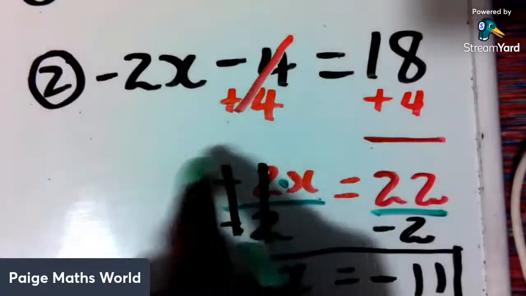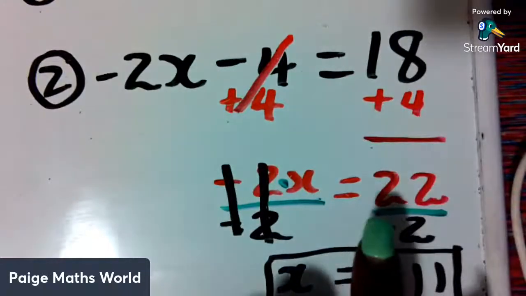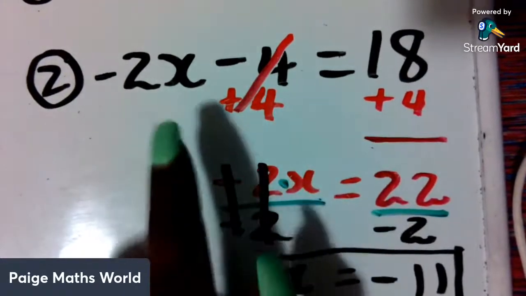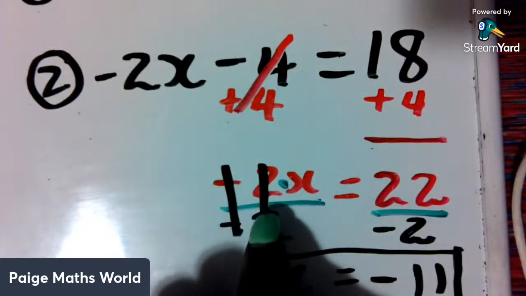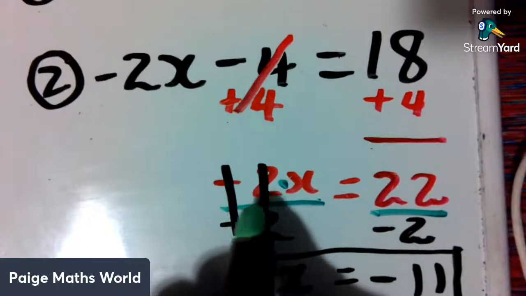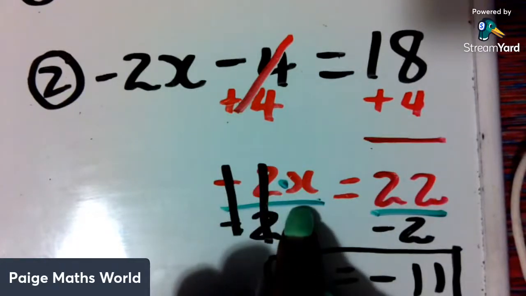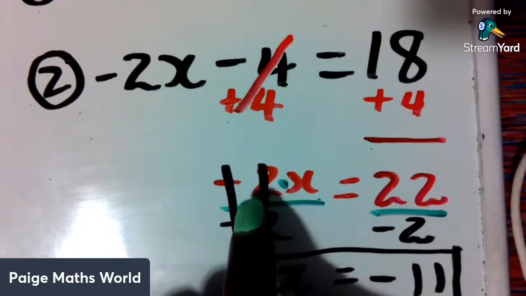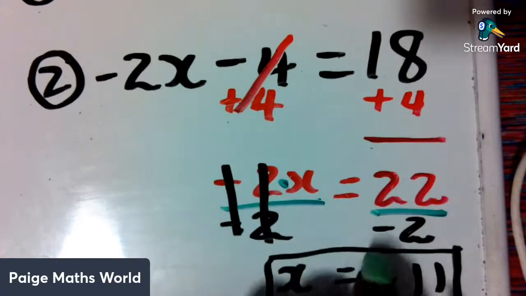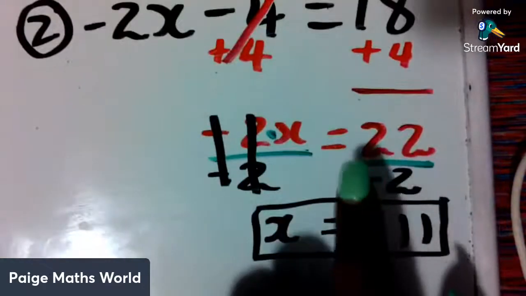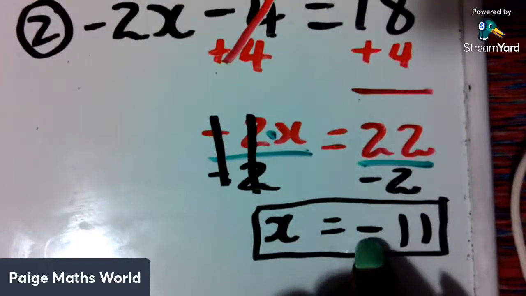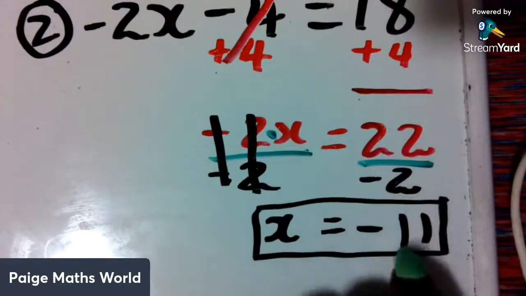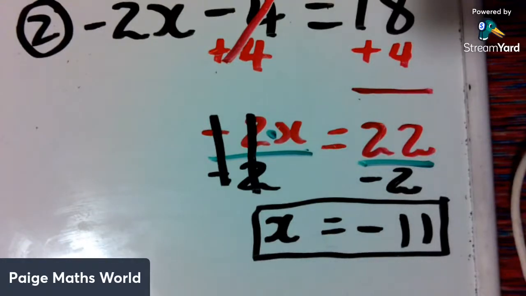So that 4 is gone. We add 4 to 18, we get 22, right? And we are left with negative 2x. No, we need to get rid of the negative 2 because we need the x by itself. So we have to divide both sides by negative 2, right? And so positive 22 divided by negative 2 is going to give you a negative answer. 22 divided by 2 is 11. And so x is equal to negative 11.